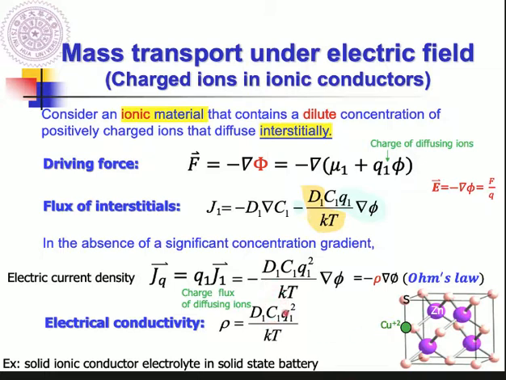Or you can increase the concentration of these interstitial ions and the charge also. Instead of a copper ion, you can choose another ion carrying a higher charge, and you can also increase the electrical conductivity. Okay, so this is when you apply an electrical field on an ionic conductor doped with a dilute concentration of positive charge.